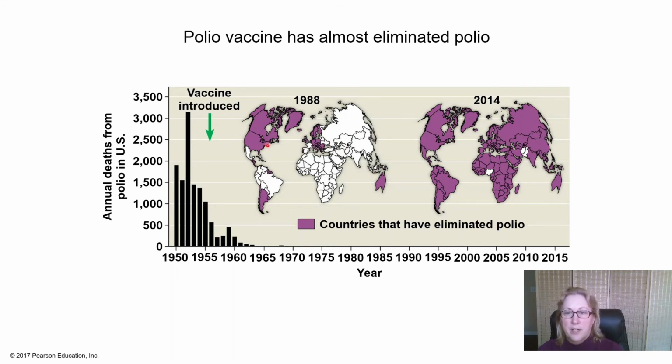Purple are the countries that no longer have any cases of polio or any community transmission of polio. By 2014, we were down to 3 countries that still had community transmission of polio, and that's where we still are today. Part of the reason is resistance to vaccines: people being suspicious of vaccines, thinking that the vaccines are actually going to poison their kids or something.